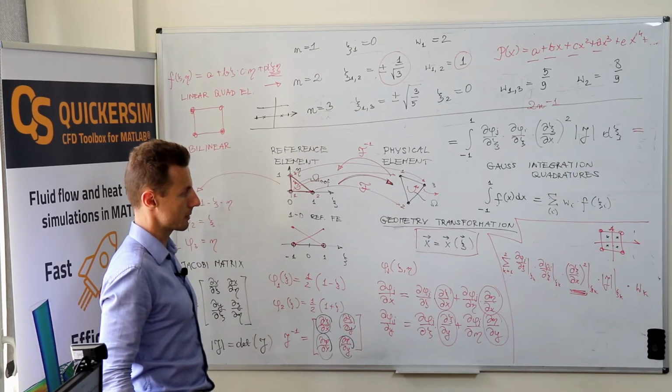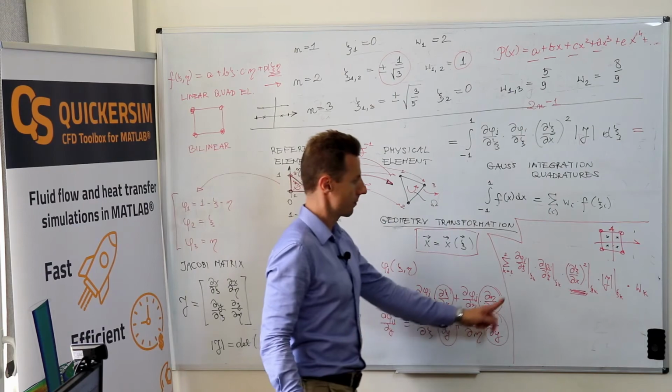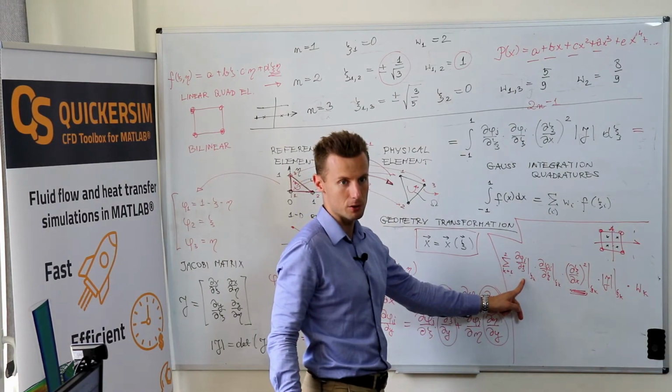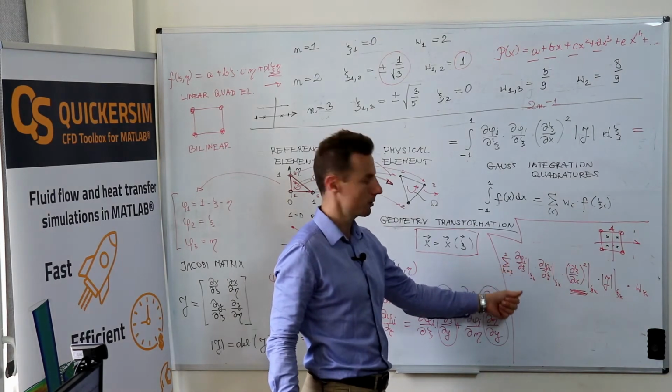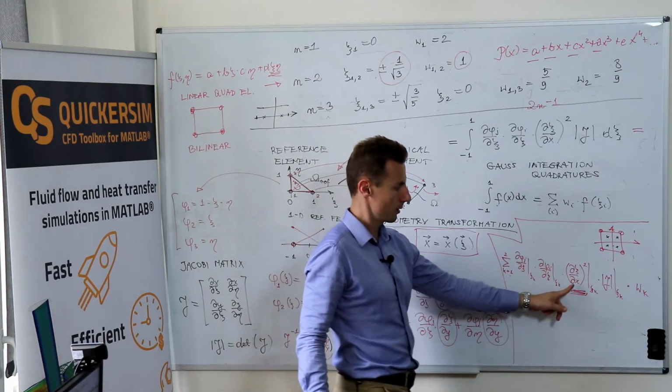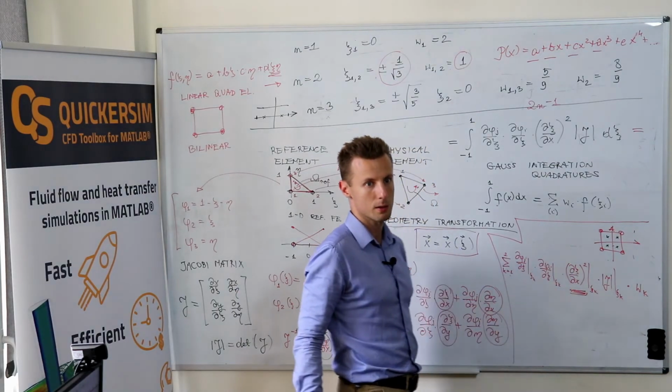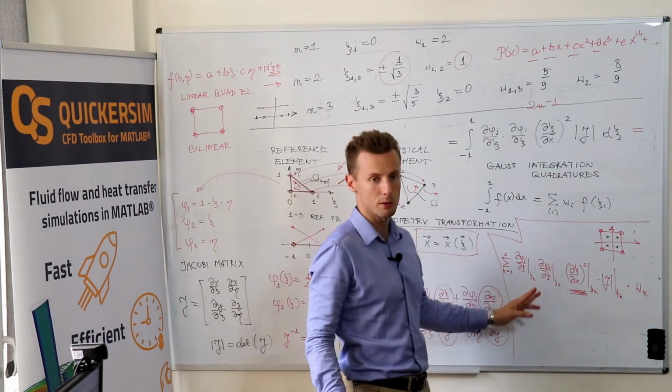If you do the mass matrix, then it wouldn't be the gradient, it would be the function. So linear times linear, second order or bilinear.